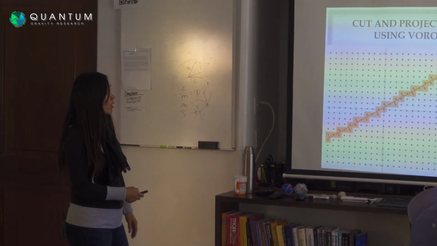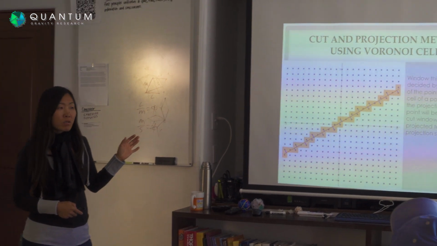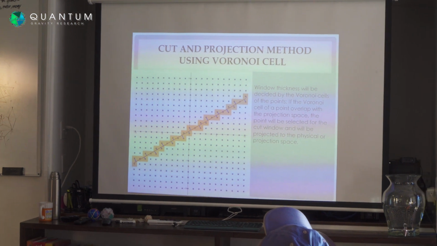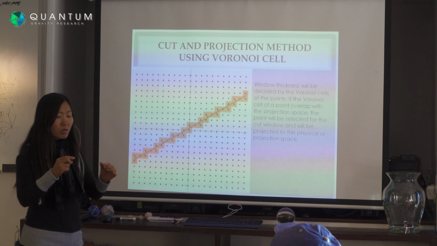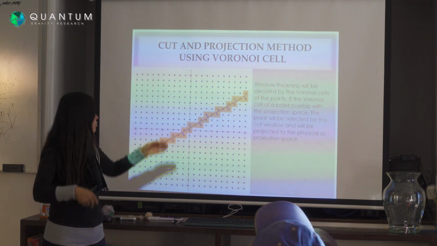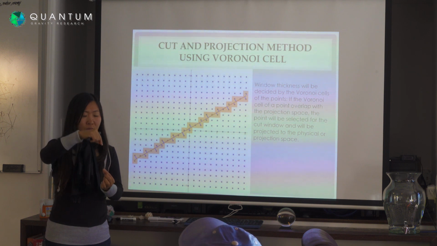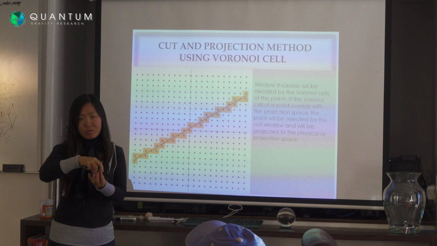So anyway, everybody clear on the cut and project method? So when we do it from E8 to 4D, basically we have a 4-dimensional projection space, and the space that is perpendicular to the physical space is also 4-dimensional, okay?